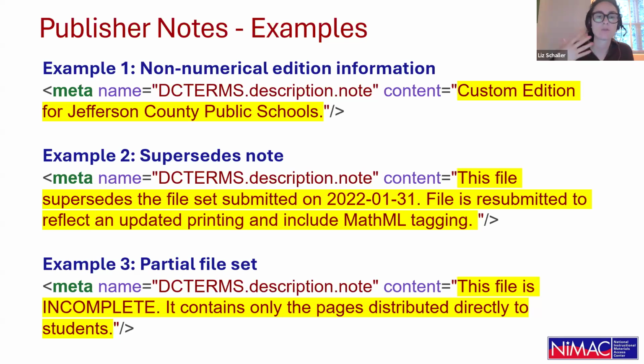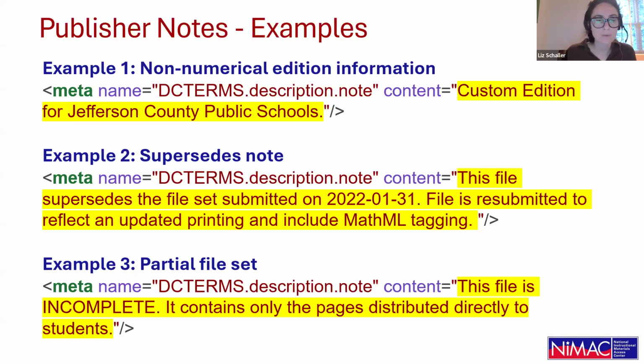So again, that's for a file that had previously been certified for over a year and it's being resubmitted. You'll need to include a note like this, and it reads, this file supersedes the file set submitted on January 31st, 2022. File is resubmitted to reflect an updated printing and include MathML tagging.